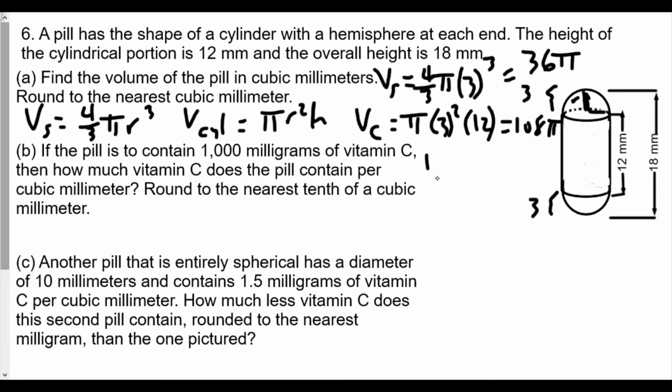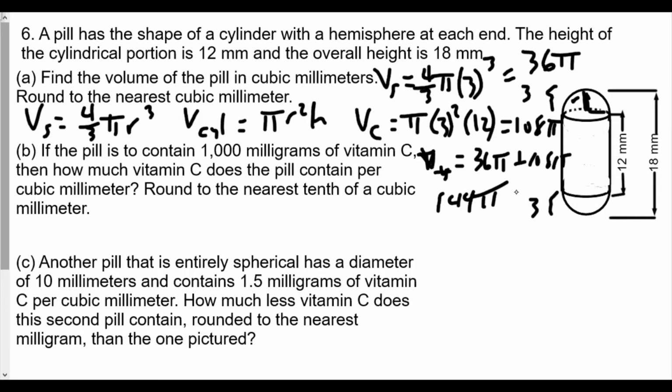Therefore, the total volume, V total, will be equal to 36 pi plus 108 pi, which gives us a total of 144 pi.